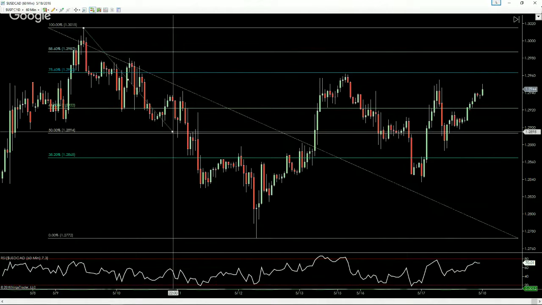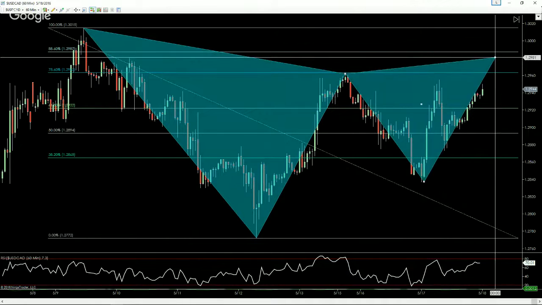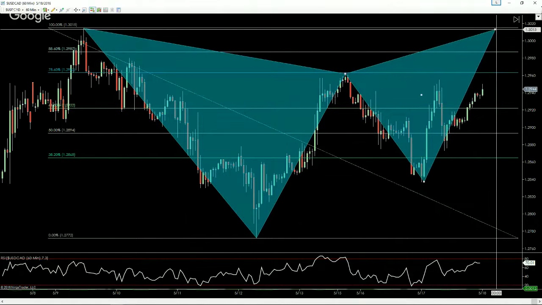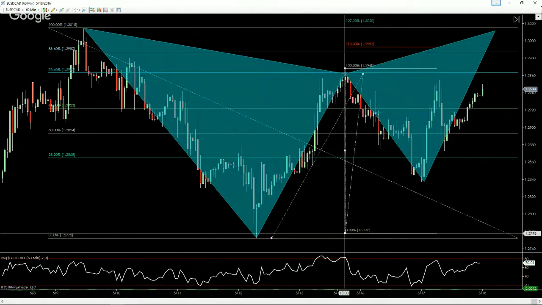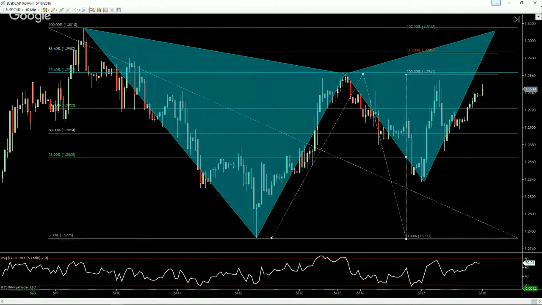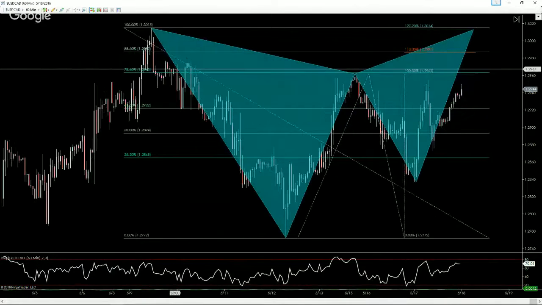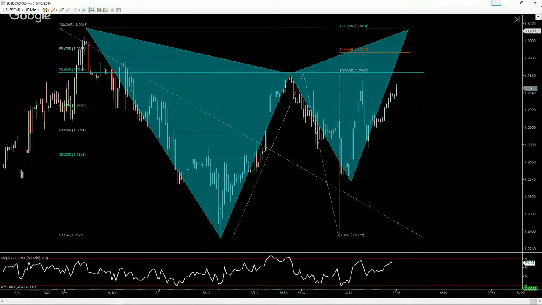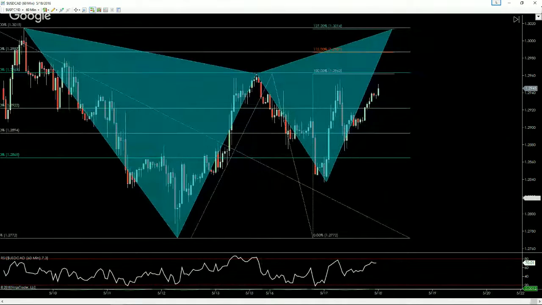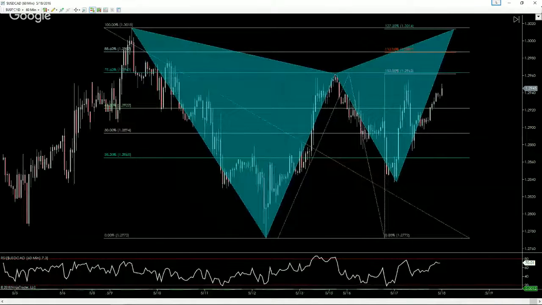But if you have the same data that I do, we have a bear Gartley right here, which is probably going to terminate right around our X level, which will give us a very, very good risk to reward ratio.